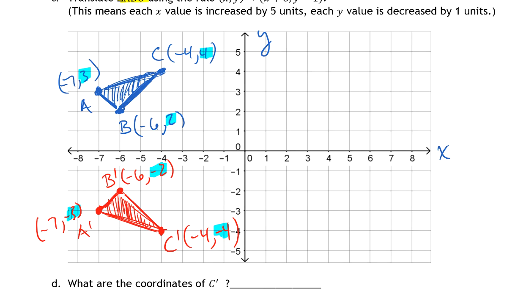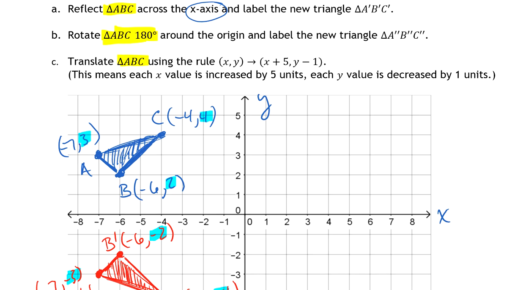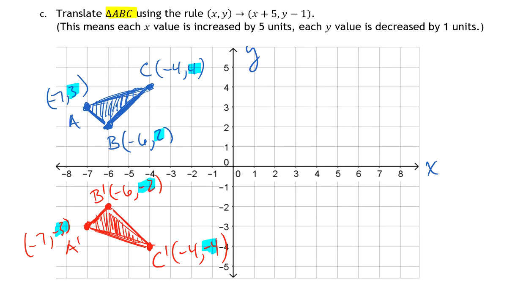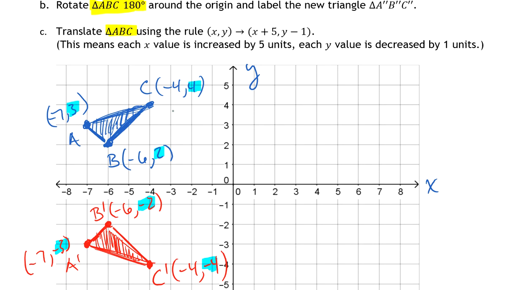The next thing we're going to do is take our original shape, and this time instead of reflecting, they're asking us to rotate it 180 degrees around the origin. So as we saw in class when we did this together, if it's 180 degrees, we don't need to know if it's clockwise or counterclockwise, because we saw that if we go 180 one way, that's the same thing as going 180 the other direction.